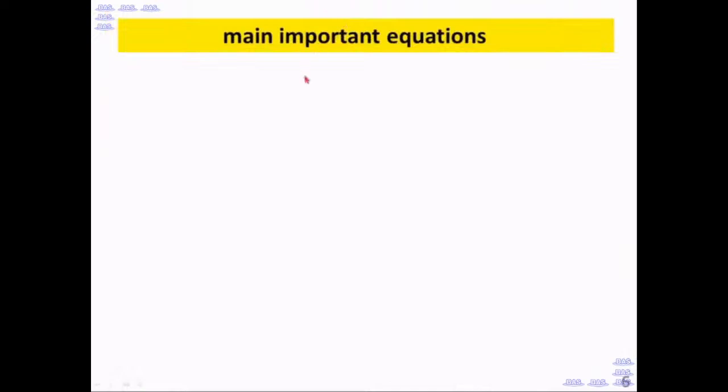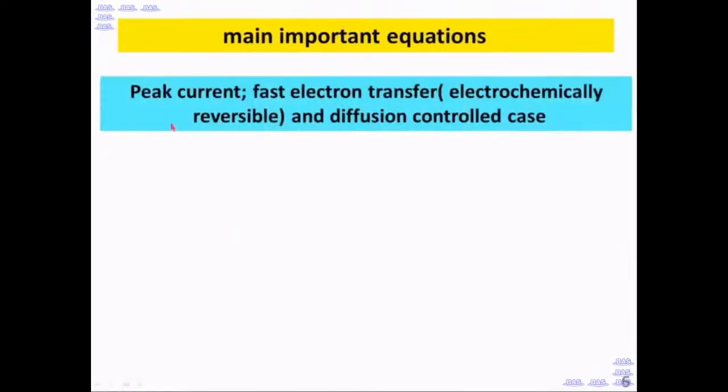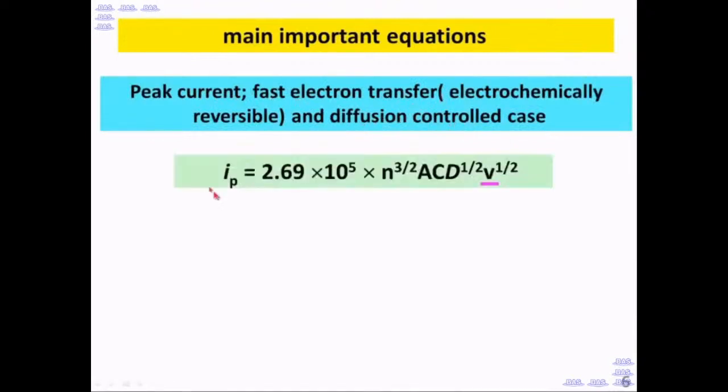Main important equations. The peak current is for the fast electron transfer and diffusion controlled case. In this case, the diffusion controlled case, peak current is proportional to the root of scan rate V. It is not necessary to remember these parameters.